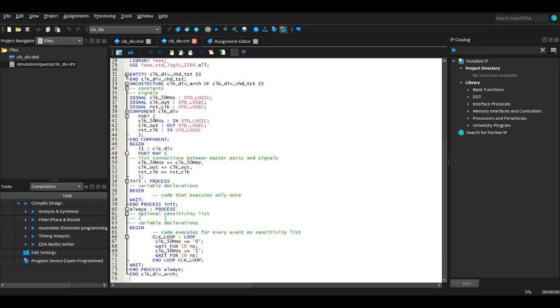The output clock out was observed in the waveform and shows slower square waves, confirming that the frequency was divided correctly. You can see it when you go to run simulation and RTL simulation.